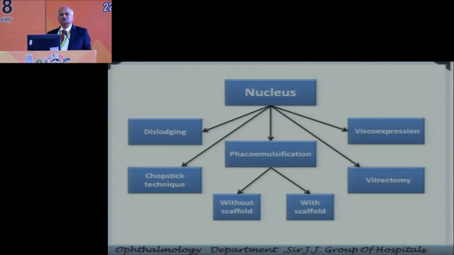Now once you come to the nucleus, you have to see the nucleus dislodging, or you can remove it by ISCO expression, or phacoemulsification, or chopstick technique, vitrectomy, or with the scaffold, Amar is sitting here, or without scaffold. So the nucleus can be managed by these 7 techniques when there is a PC tear.